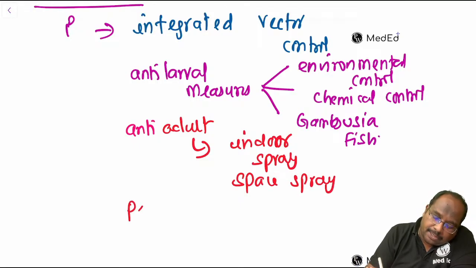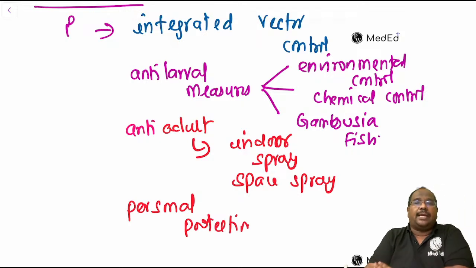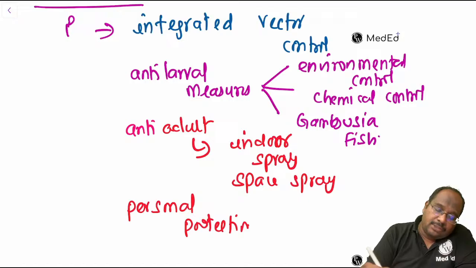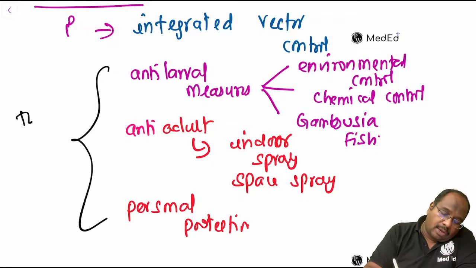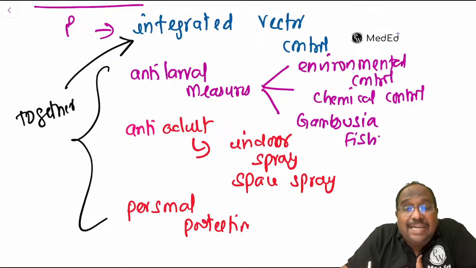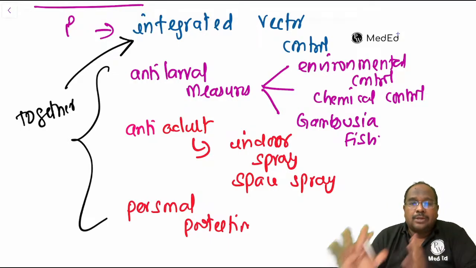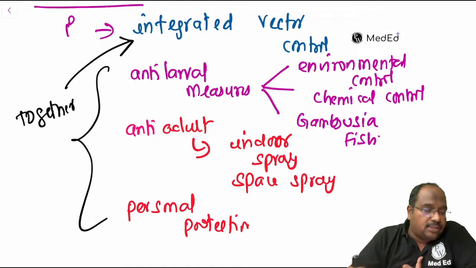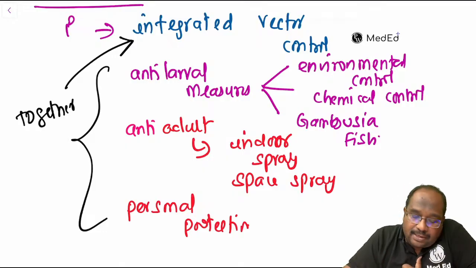Third is personal protection. If you use all these methods together, we call it integrated vector control. So not only one method, use all these methods together.